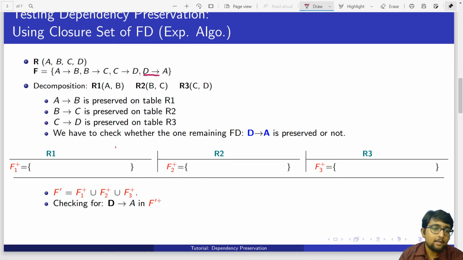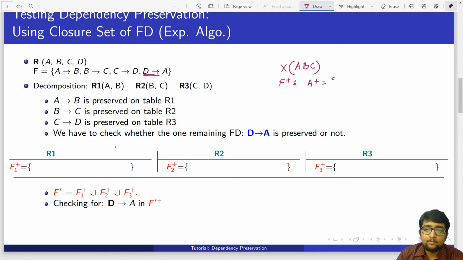Now how to do that is, you first take the possible attributes one by one, and then take the possible attributes in a combination of 2. Accordingly you will move to a combination of 3, combination of 4 present in that table, and check the closure of those attributes. Suppose X is a table which has attributes A, B and C. In order to find the closure set of functional dependency on X, you will first consider A plus.